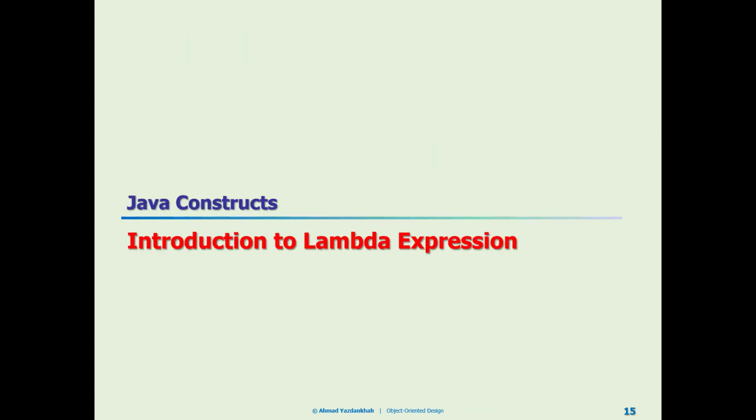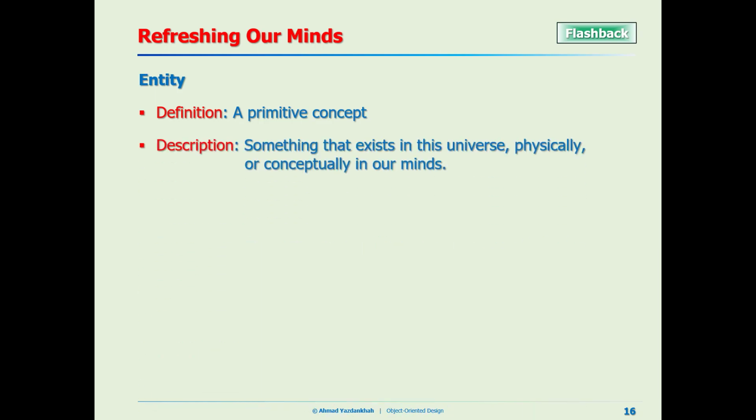What is a lambda expression? Okay, so let's see. Before going further, let's refresh our minds about some of the stuff that we learned before. For example, what was an entity? We said an entity doesn't have any specific definition. It is a primitive concept. Everybody understands that, but we can describe it: whatever exists in this universe, physically or conceptually, conceptually meaning in our mind, we call it an entity.